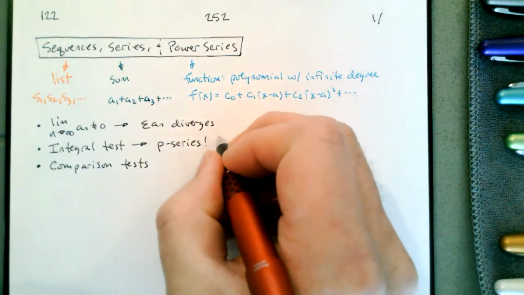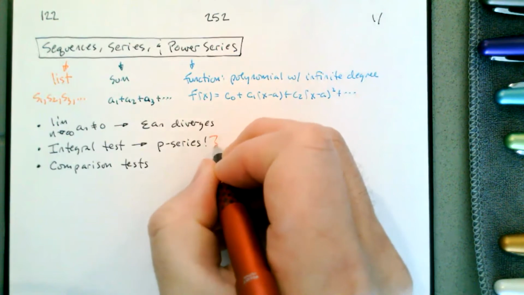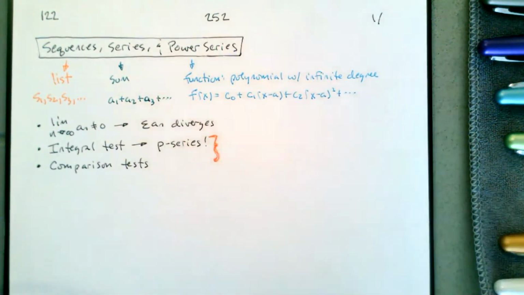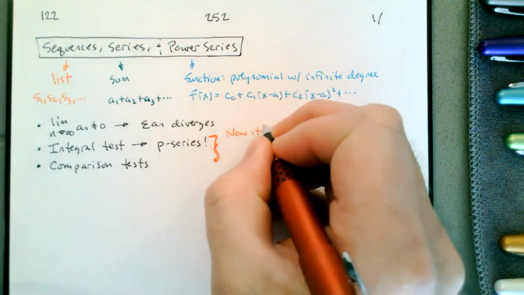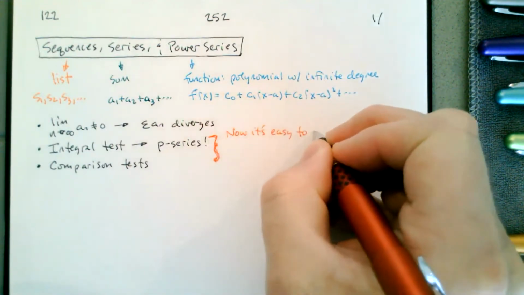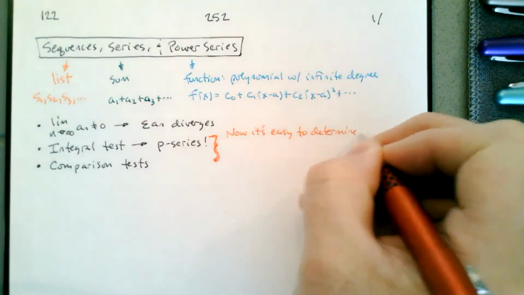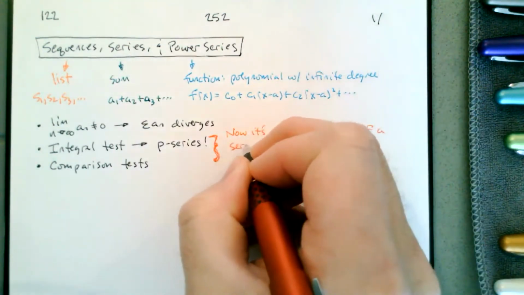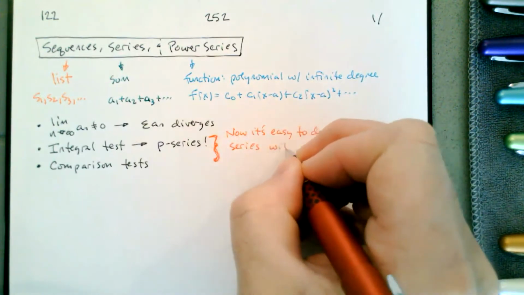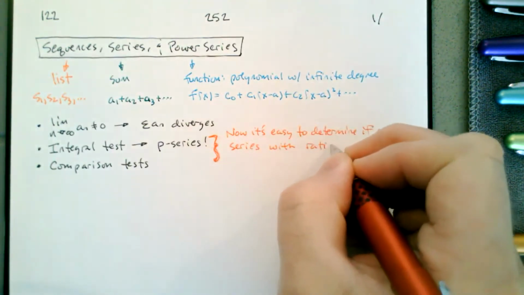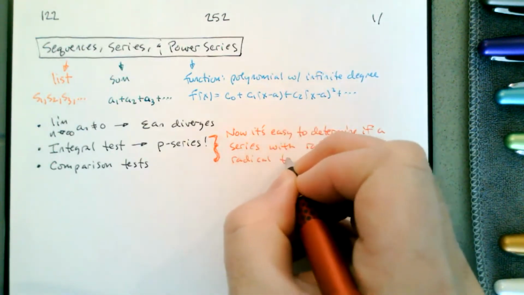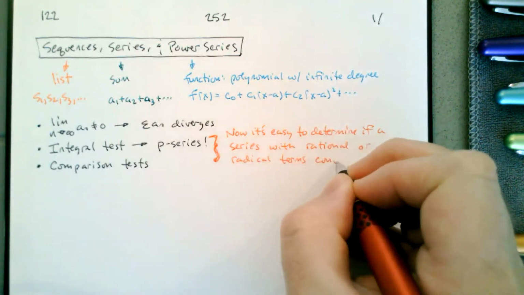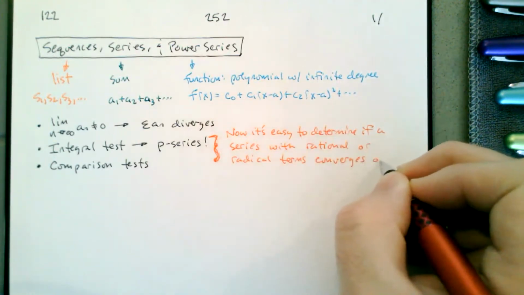So these two together mean that now it's easy to determine if a series with rational or radical terms converges or diverges.